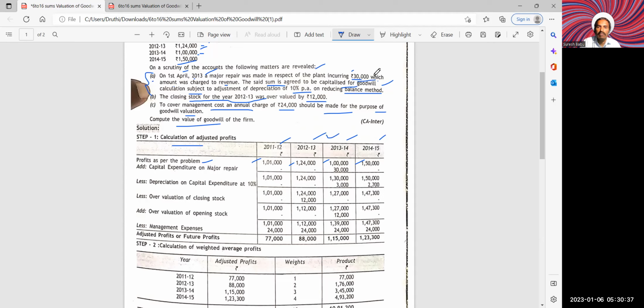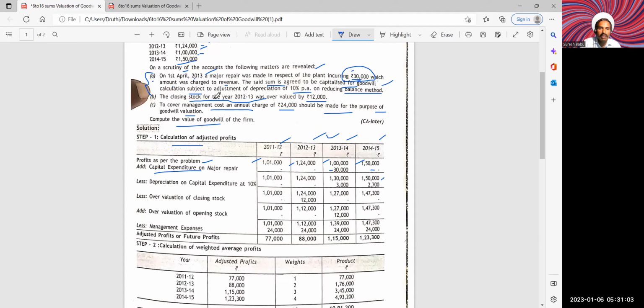It is a mistake which has been regarded as revenue, and is to be made as capital. So from 13-14 profit, this capital expenditure is to be added. This is the first adjustment. So now 1,01,000, 1,24,000, 1,30,000, 1,50,000. That is the adjusted profit at this point.